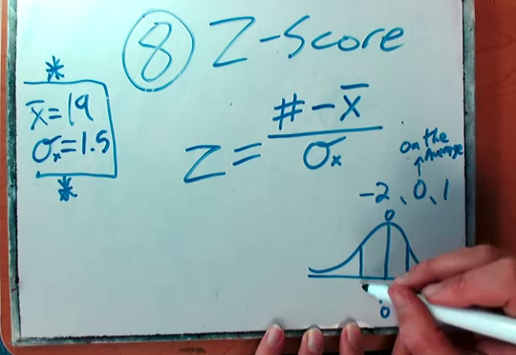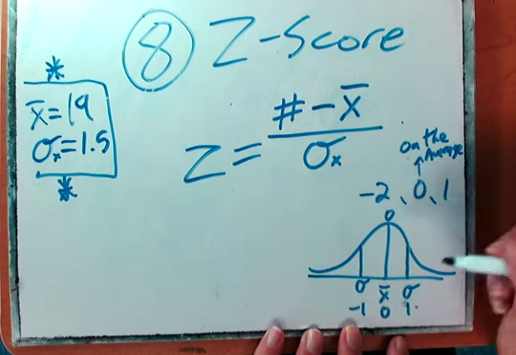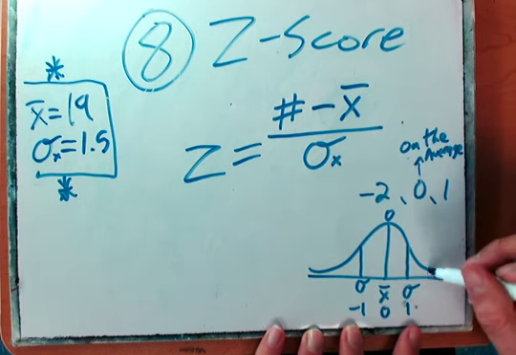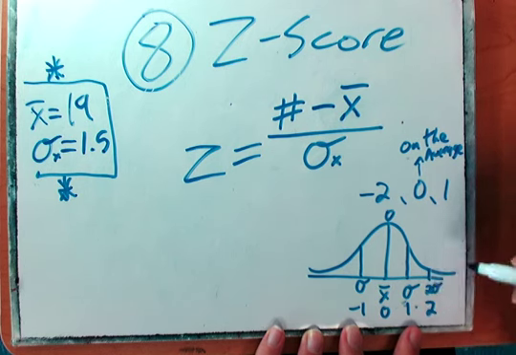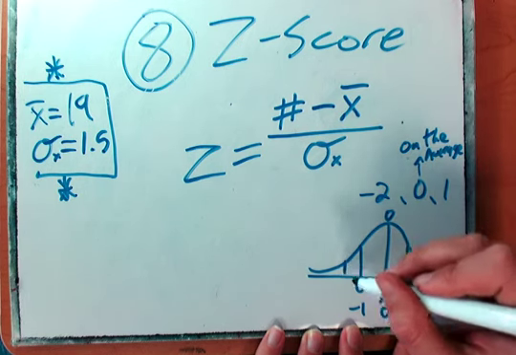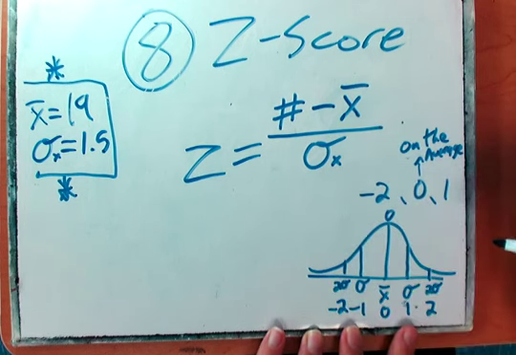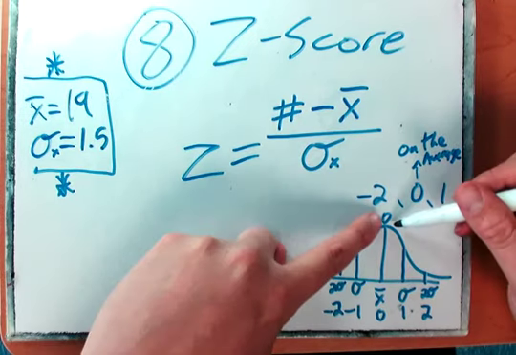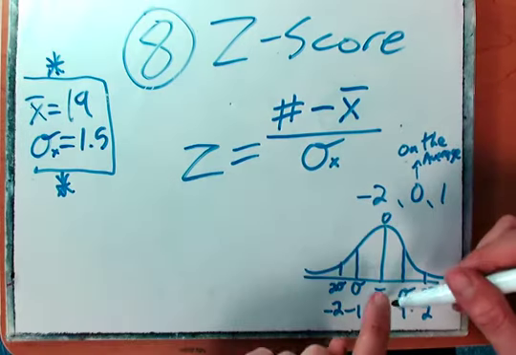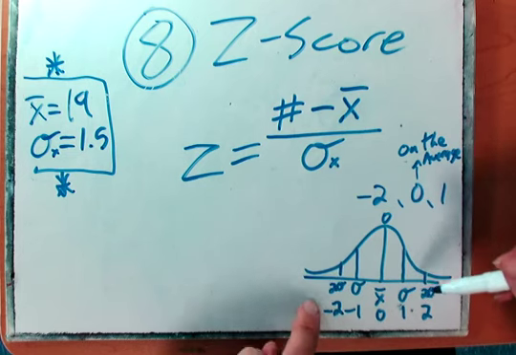And one standard deviation over here is a z value of -1. Two standard deviations over is a z value of 2. And two standard deviations over this way is -2. So you'll see a z-score shows how close it is to the average and how far it is away in standard deviations.